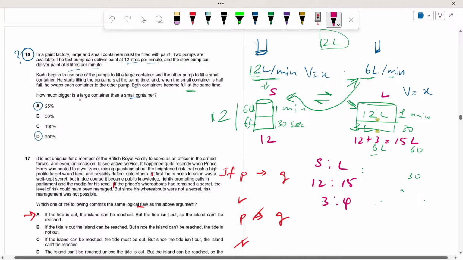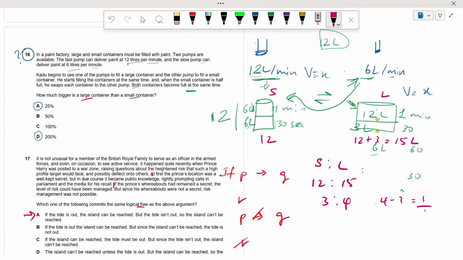They're asking how much bigger. So 4 minus 3, that's 1 over, sorry, I did it this way. So 4 and 3, therefore 1 over, how much bigger is the large one? So 1 over 3. Sorry.